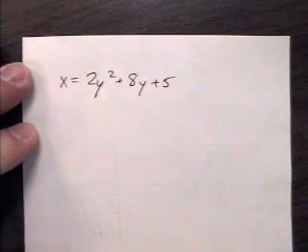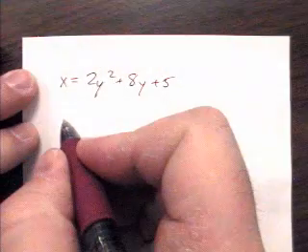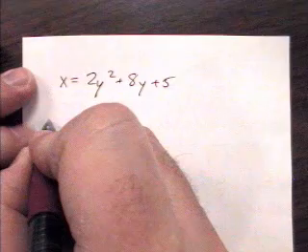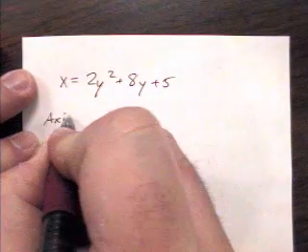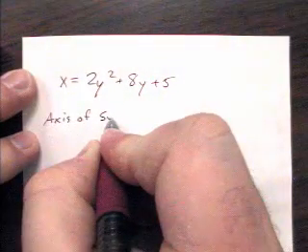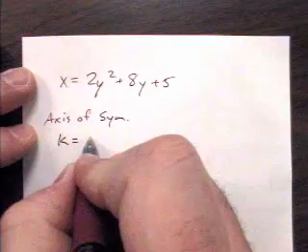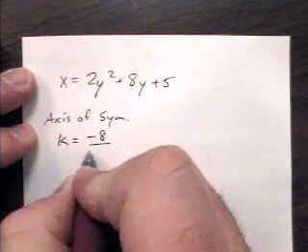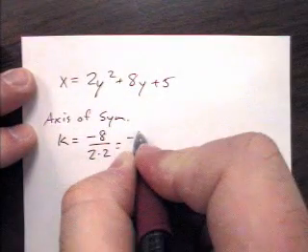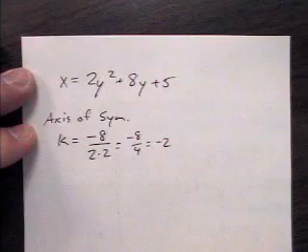Well, we can find the vertex, right? Or actually, we could find the axis of symmetry. In this case, it would be k equals the opposite of b over 2 times a. Negative 8 over 4 is negative 2.